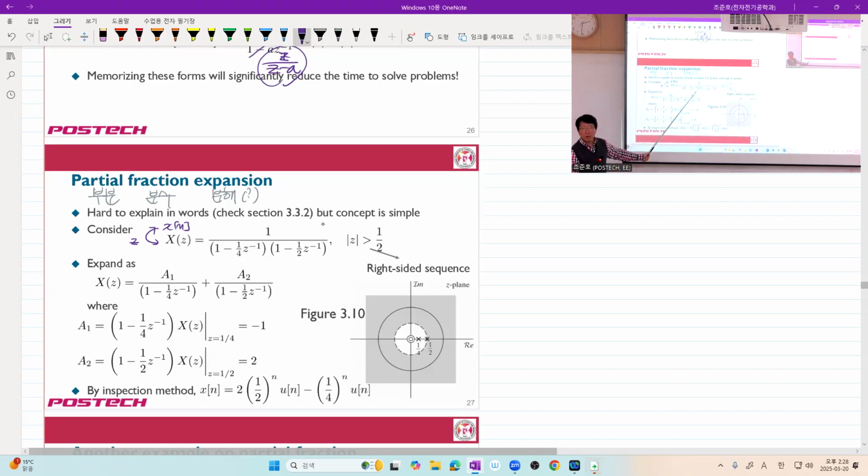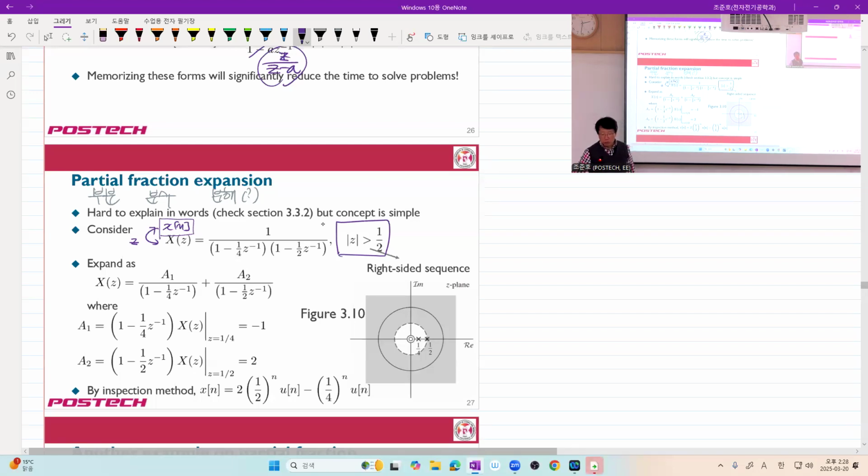So you have a rational function in Z inverse. And here, this is the key: the region of convergence is absolute value of Z greater than 1/2. Now, the question is find x[n].